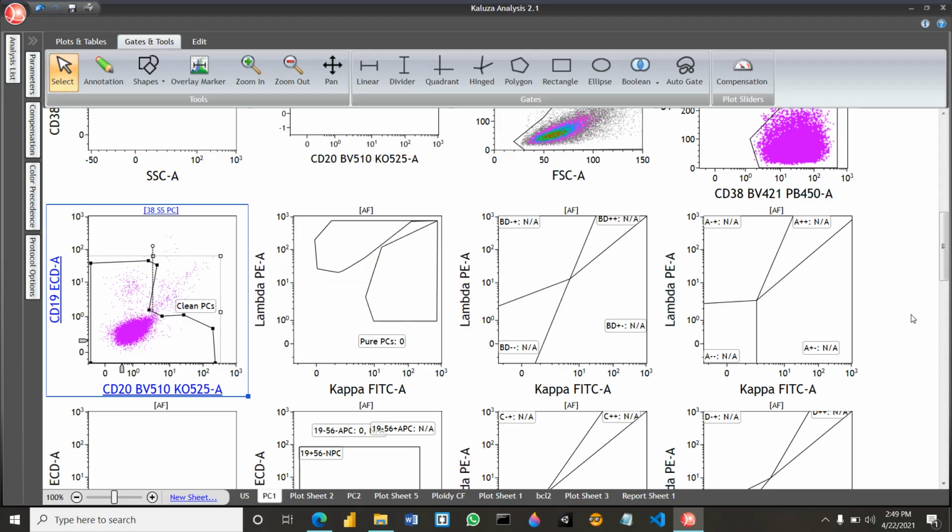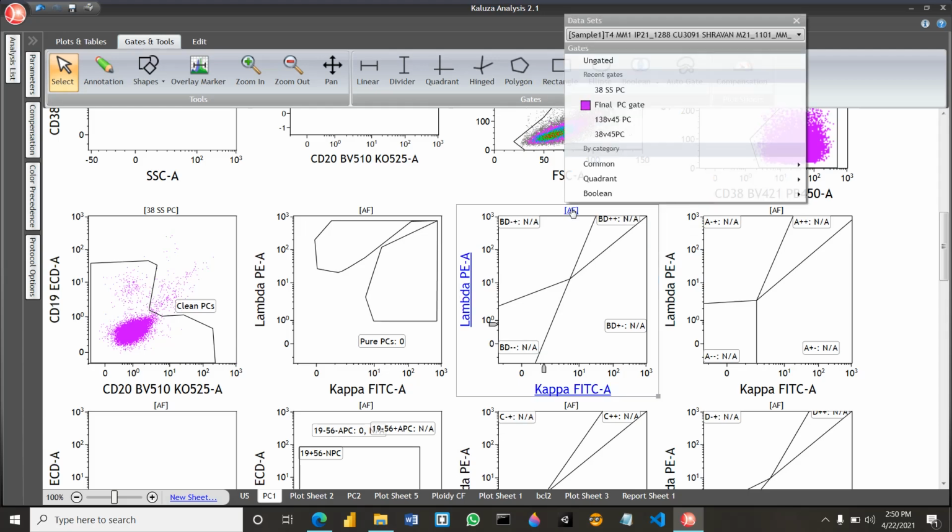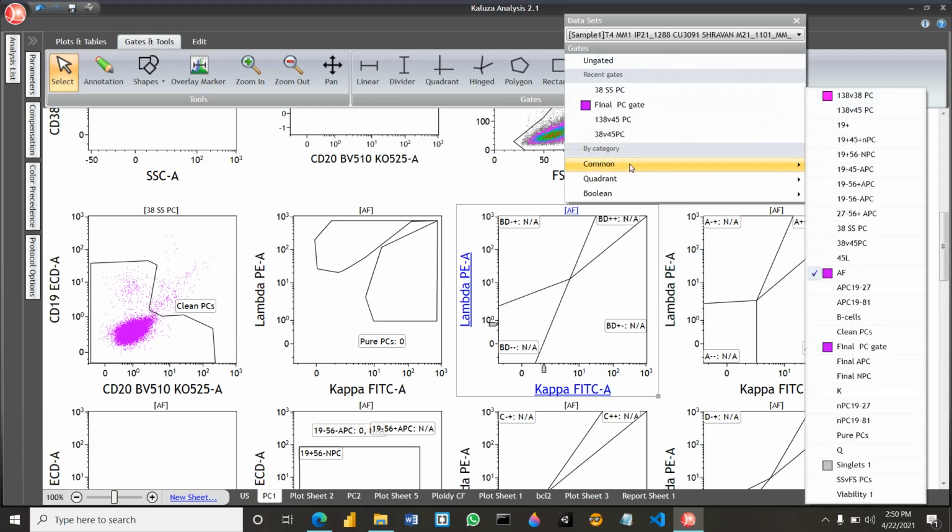And we can use these clean plasma cells to look at their maturation pattern and clonality. Upfront we will look at the clonality of the clean plasma cells, whether we can see any clonal population. If we see a polyclonal population, then we have to look at multiple markers to identify any small abnormal population and then confirm its clonality.